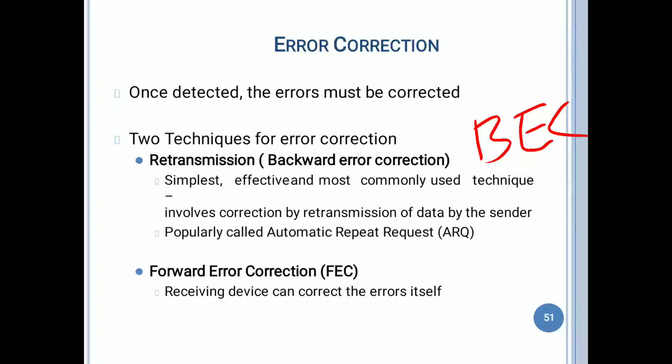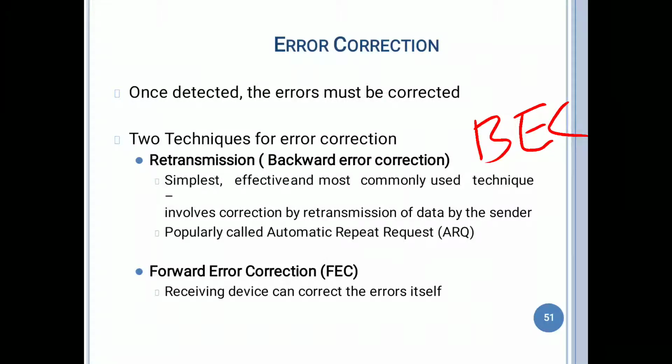Negative acknowledgement is nothing but a request to retransmit the same data again. If the sender sends the same data again, then we will avoid the errors that existed in the previous case. So this is one of the techniques, called backward error correction.